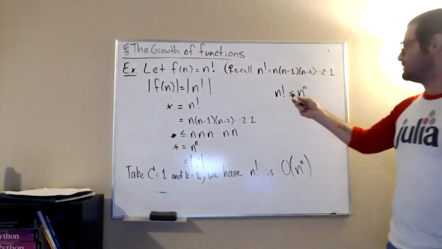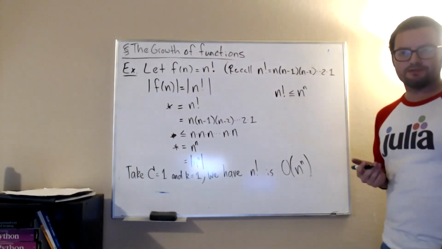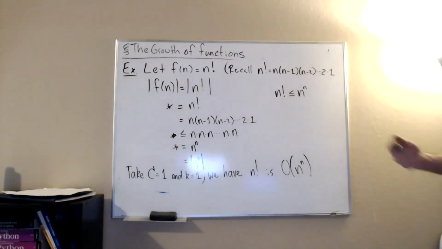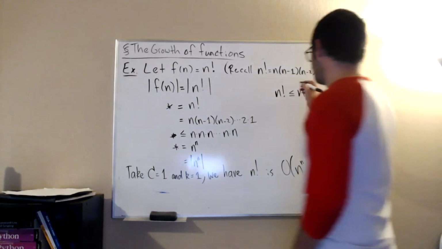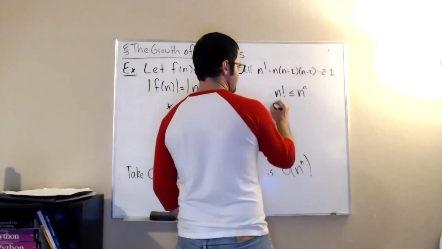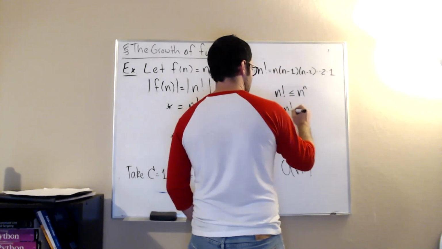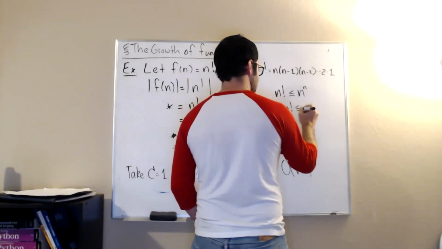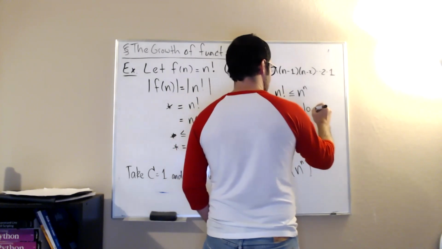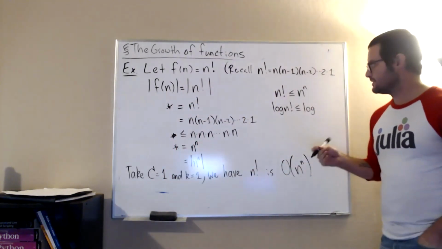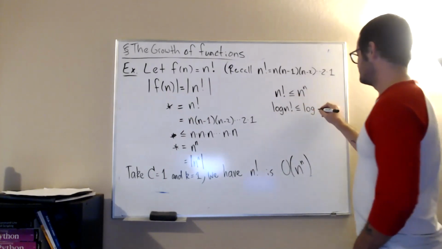Now, from here, we can get another useful bound that you need when dealing with showing functions to be big O of another. So what we can do is take the log on both sides. And the logarithm is monotonic increasing, so the inequality is still going to hold.